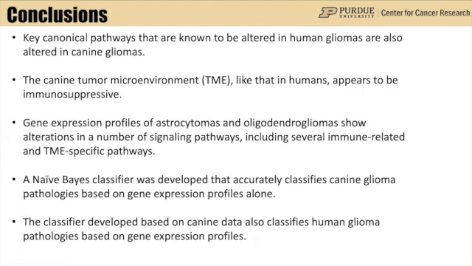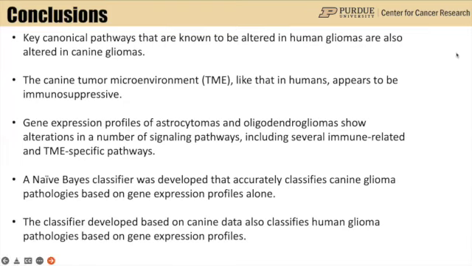And so, to conclude, we did identify that key canonical pathways that are known to be altered in human gliomas are also altered in canine gliomas. We found that the canine tumor microenvironment, like that in humans, appears to be immunosuppressive.